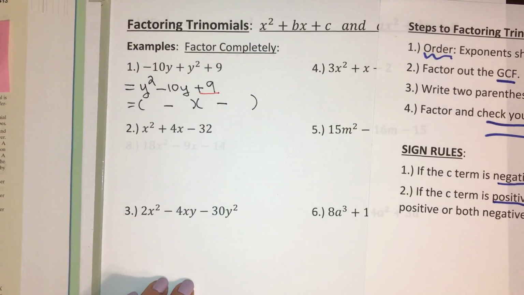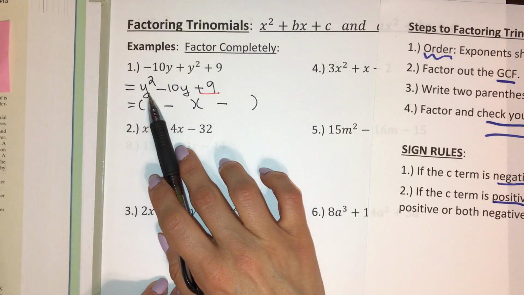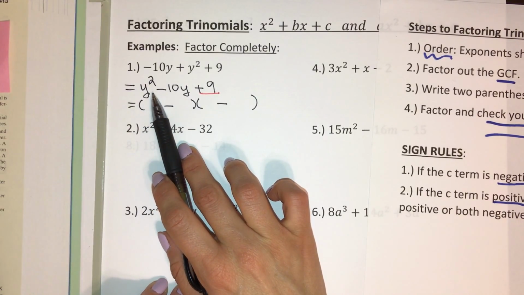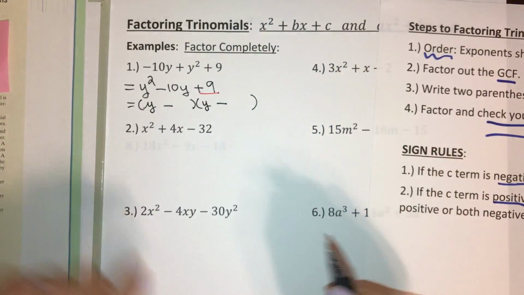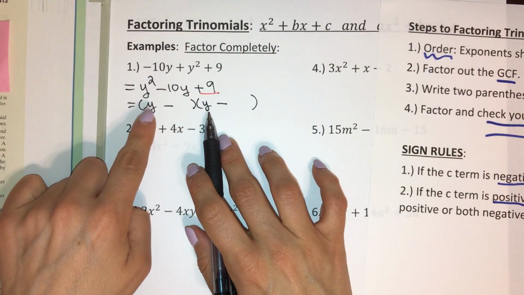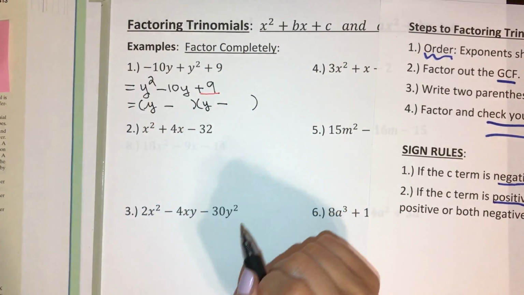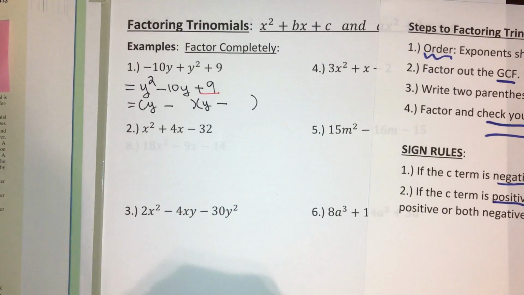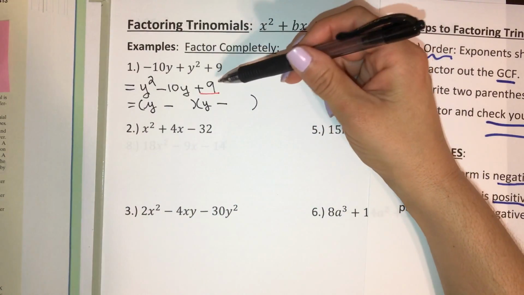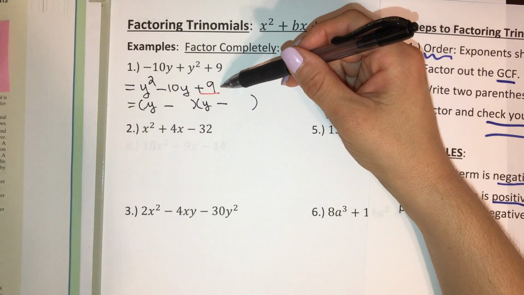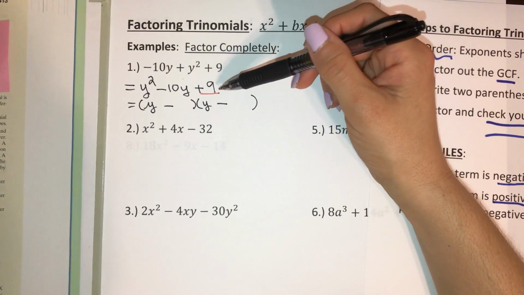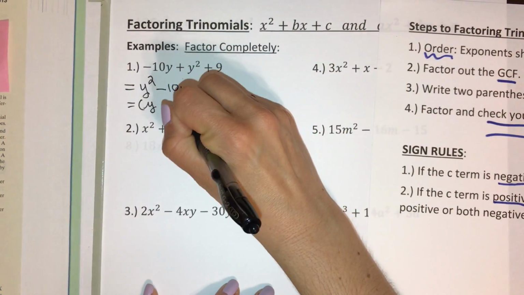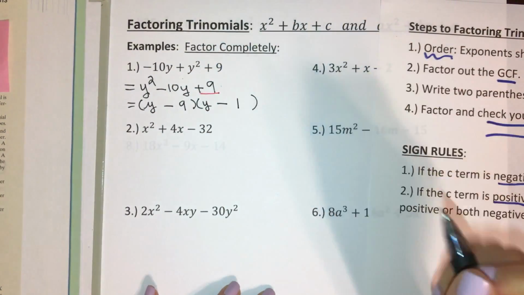And then we basically want to look at y squared. How do you get y squared? We need to write y and y, because when you FOIL or multiply these together, we have to get back to y squared. And then we also need to look at factors of 9 that are going to give us negative 10. The only factors of 9 that will work would be 9 and 1.